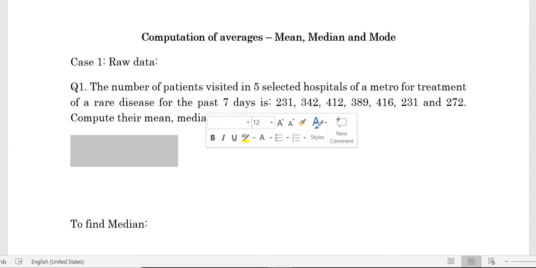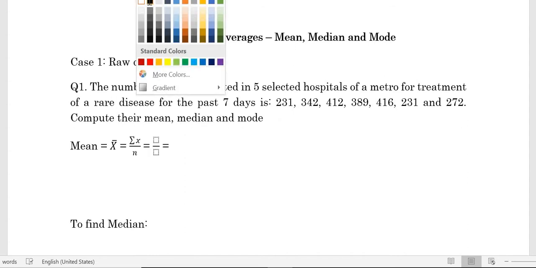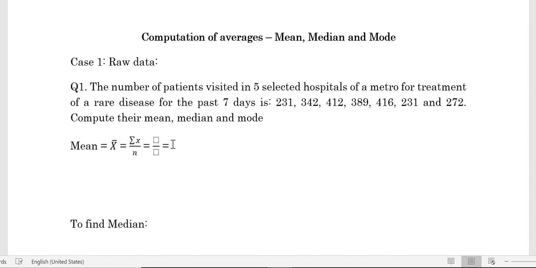Firstly, let us deal with arithmetic mean. So how do we compute arithmetic mean? Arithmetic mean, which is denoted by x bar, is defined as summation of x divided by n. In this scenario, x, the variable, is number of patients visiting a hospital, right? So how do we get summation x?